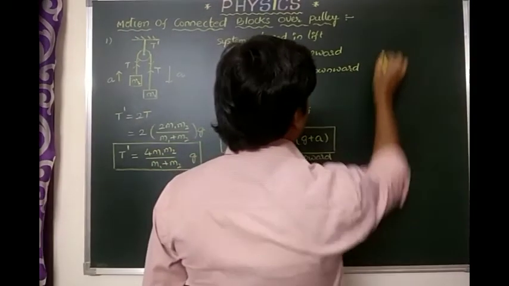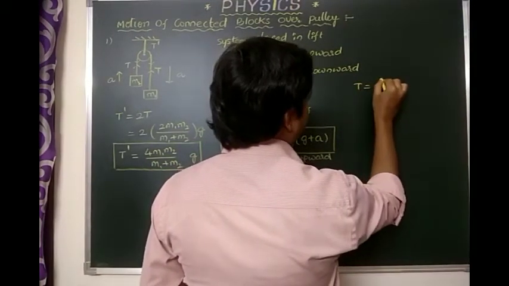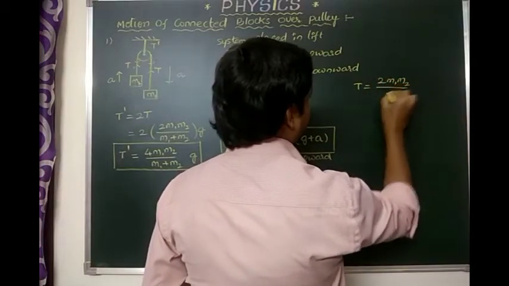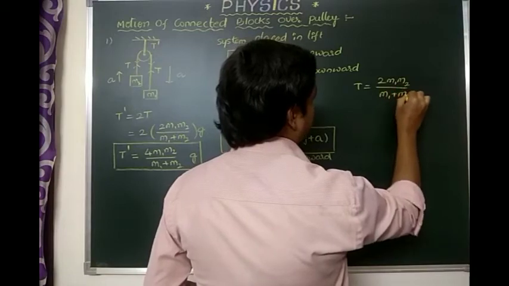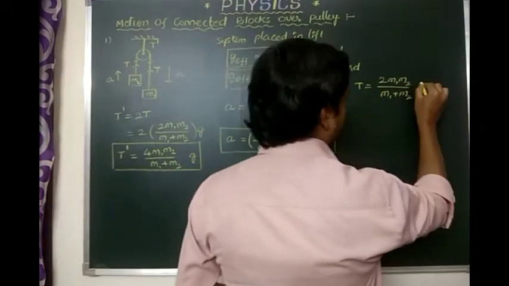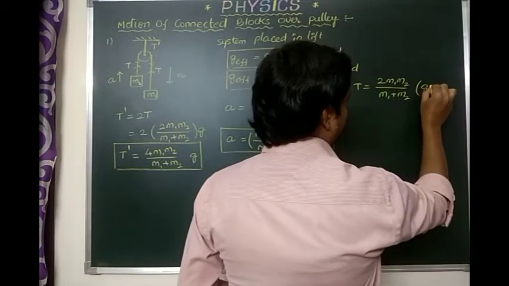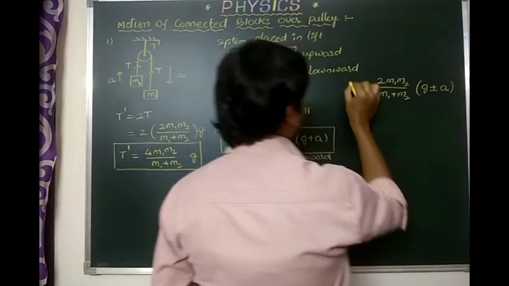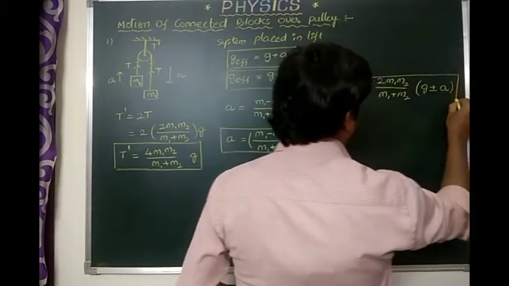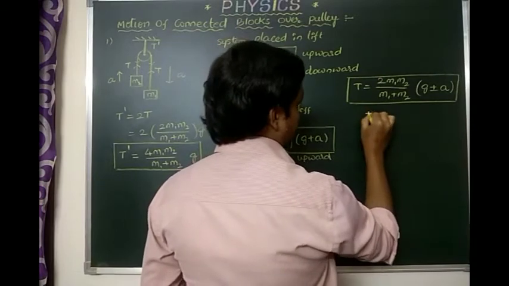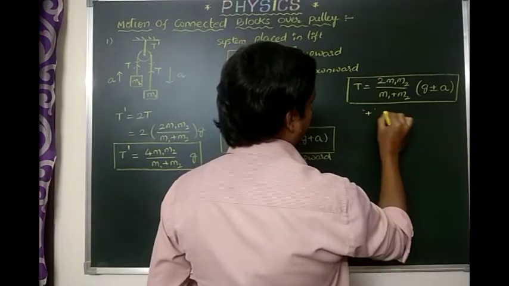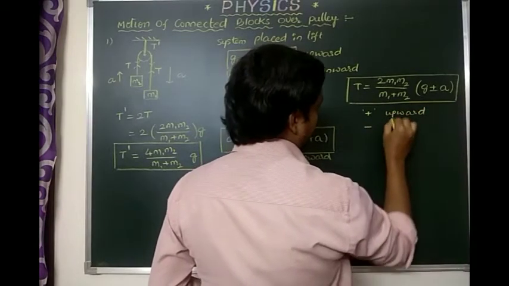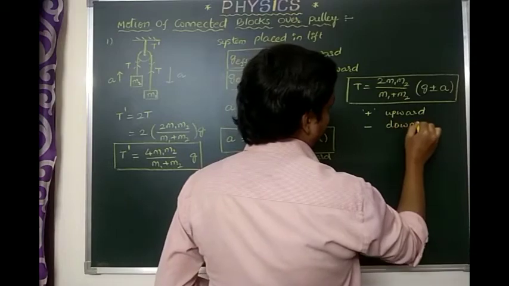Tension becomes T equals 2 m1 m2 by m1 plus m2 into g plus or minus a. I am writing directly for both combined together: positive when it is upward, negative when it is downward.